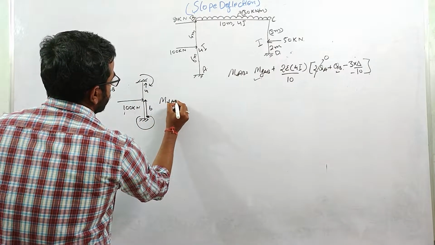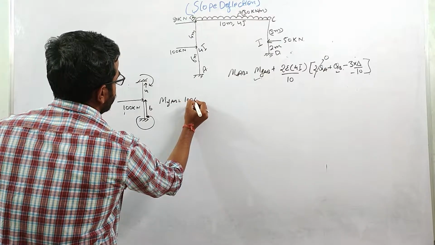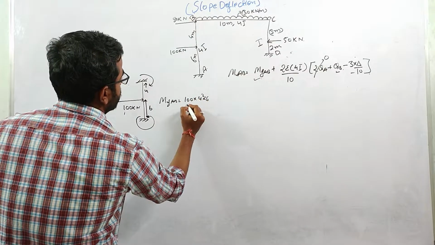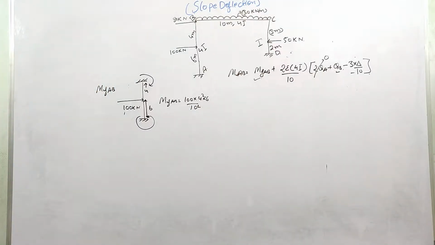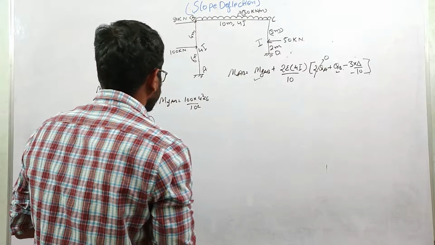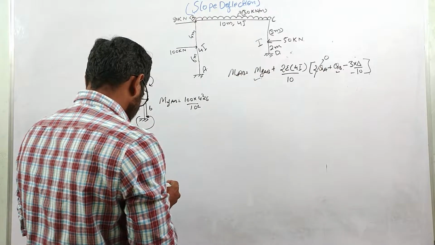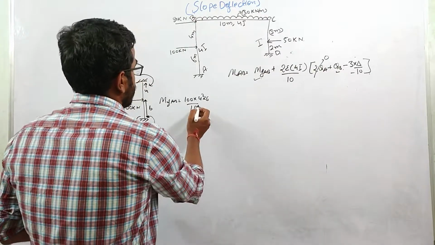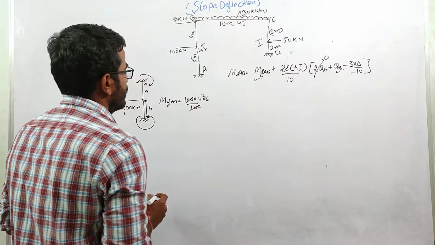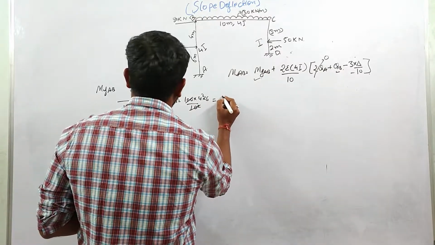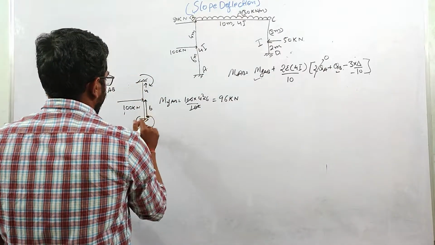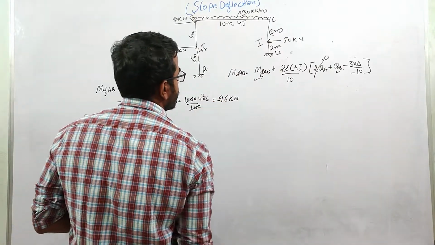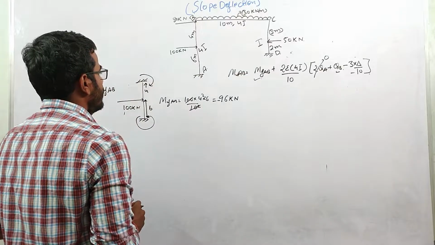MFAB will be equal to 100 into 4 square into 6 over 10 square, right? So this value will be 96 kilonewton meter, and the direction is negative. Why negative? Because it is anti-clockwise, right?